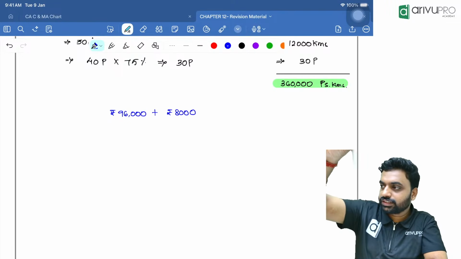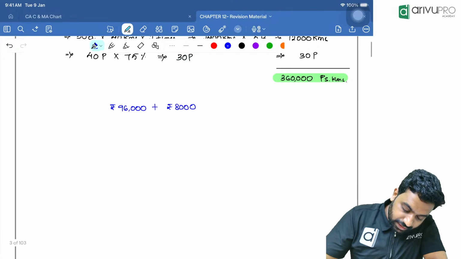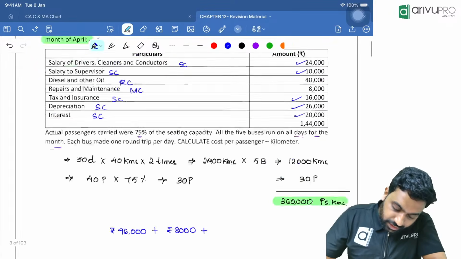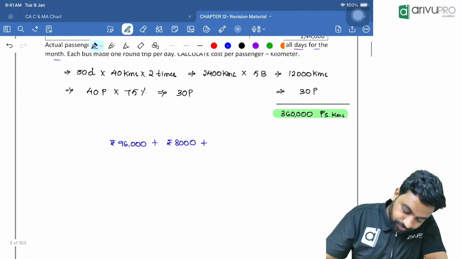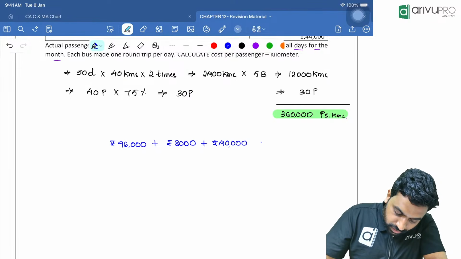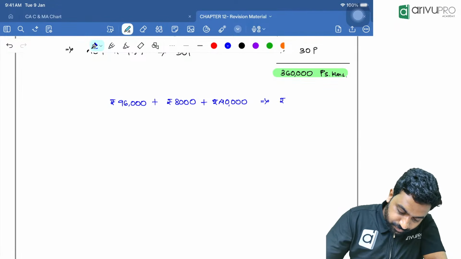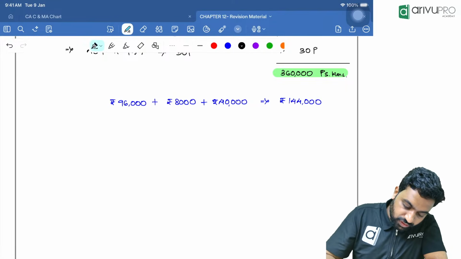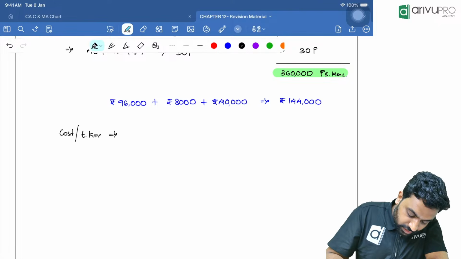Standing charges, maintenance charges, running charges, like that. And your running charges are 40,000. So your total cost would come to 1,44,000.